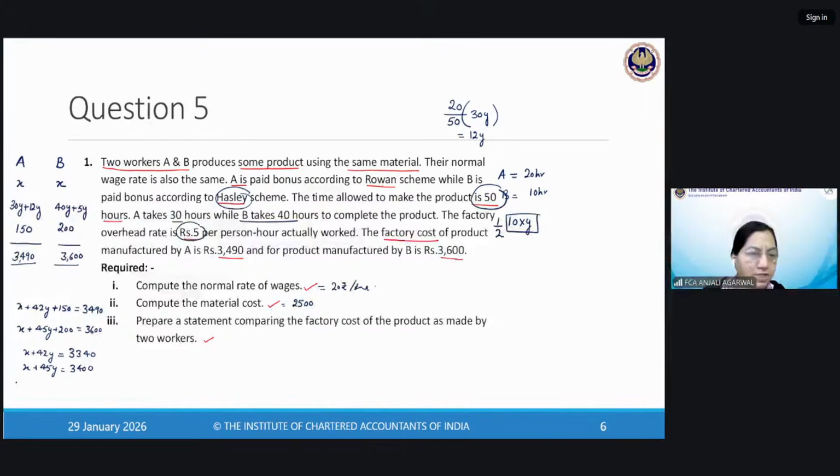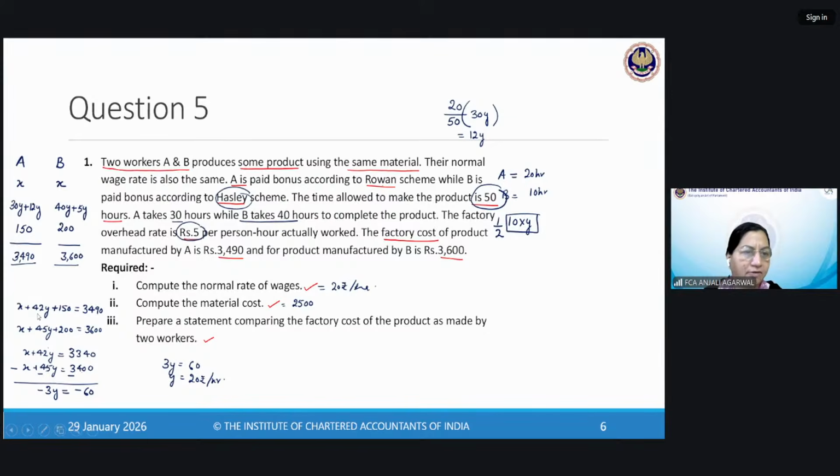So when you solve these two equations, as x is the same, you can subtract equation 2 from equation 1. You have minus 3y, 45 minus 42, is equal to 3400 minus 3340, that is minus 60. So as the negative is on both sides, 3y is equal to 60 and y is equal to 20 rupee per hour. So the hourly rate has come out to be 20 rupee per hour.